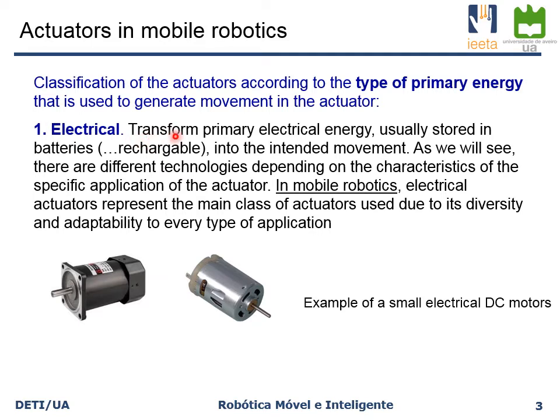In this case, the electrical actuators transfer primary electrical energy, normally stored in batteries, for instance, sometimes rechargeable, into the intended movement. As we will see later, there are different technologies depending on the characteristics of the actuator that we are considering, and also depending on the specific application for which the actuator is used.